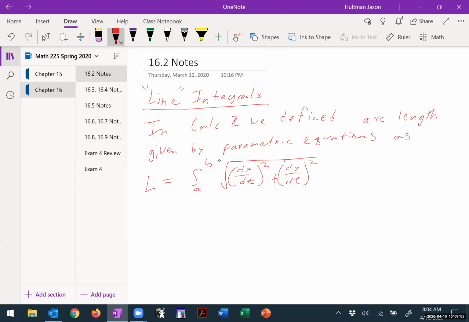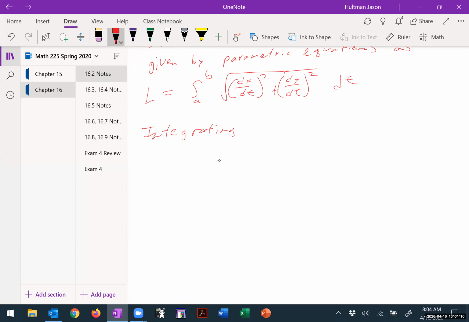Integrating over a curve C gives us something called a line integral.